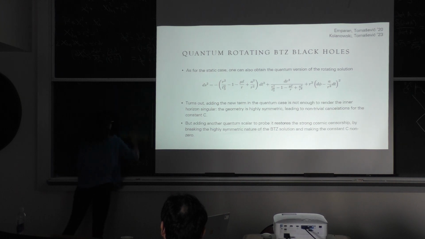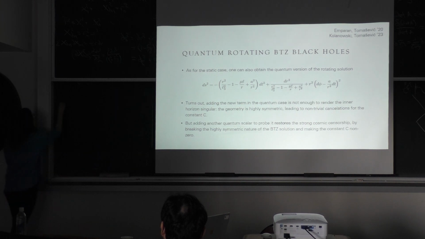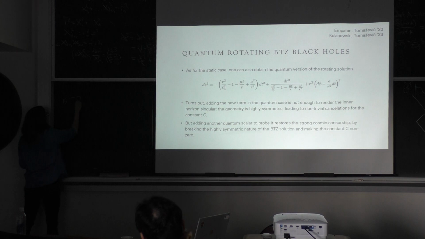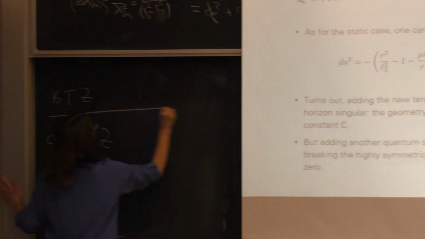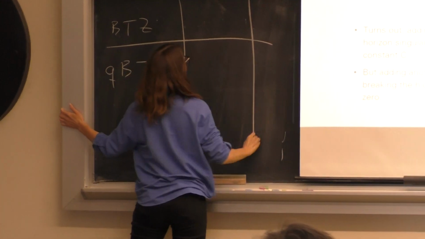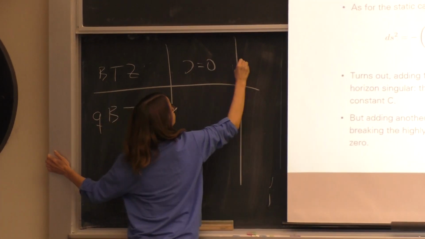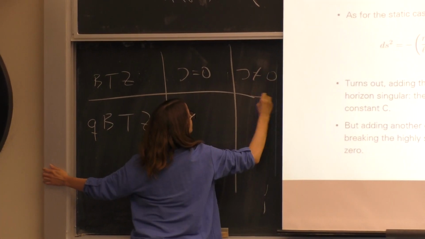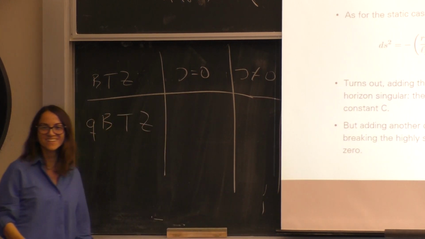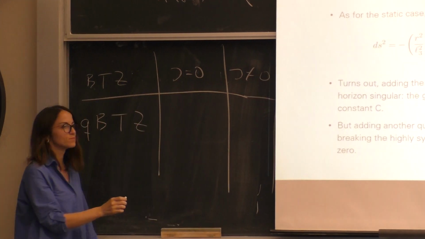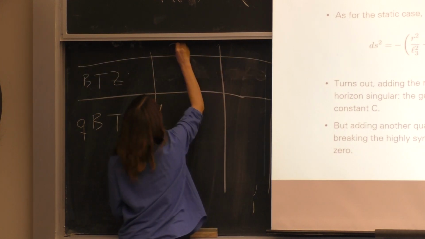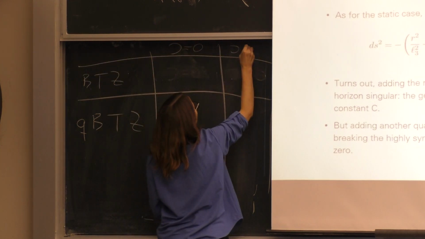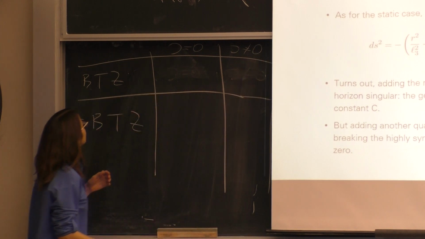I'm going to put in an extra slide now. So this is BTZ, and this is quantum BTZ. And this is J equals 0, and this is J not equal to 0. Okay.